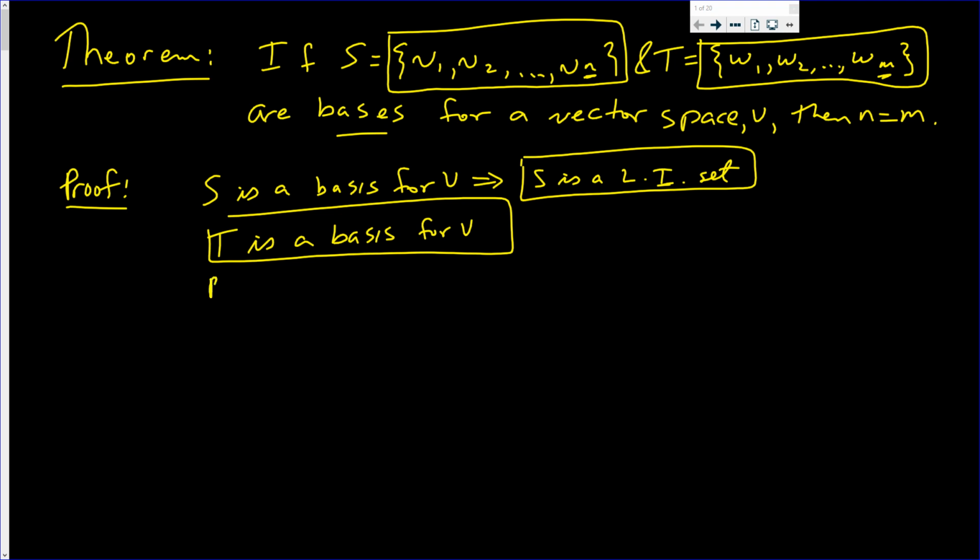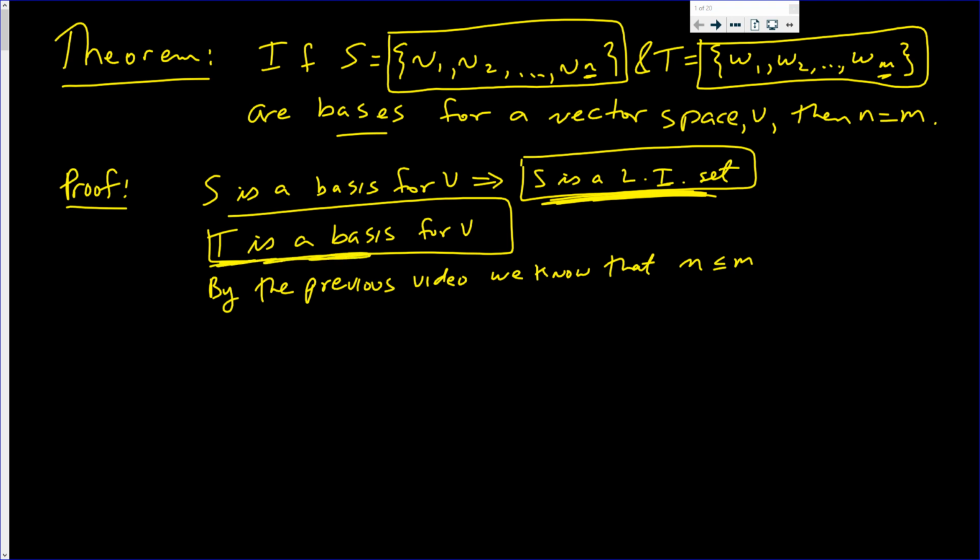Now we can say by the previous video or theorem, we know that n must be less than or equal to m. The number of vectors in a linearly independent set must be less than or equal to the number of vectors in a basis. That is, m must be less than or equal to n.